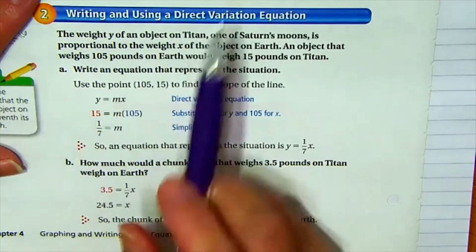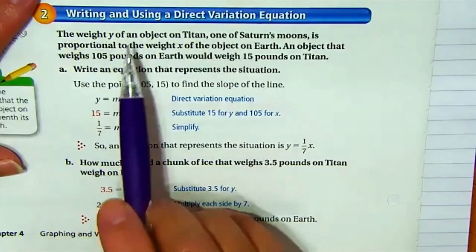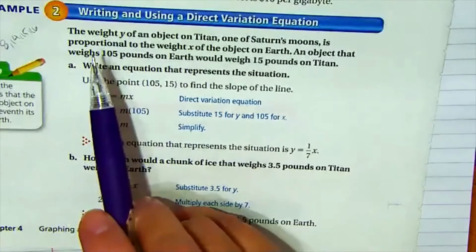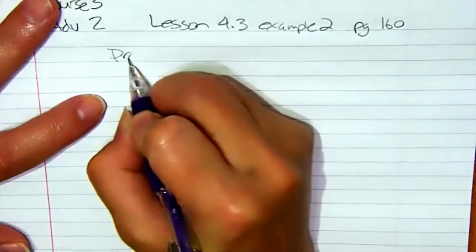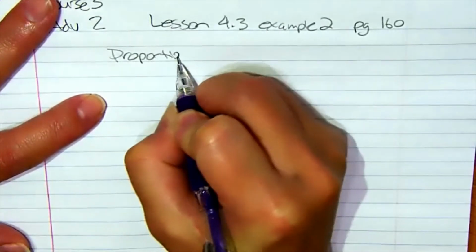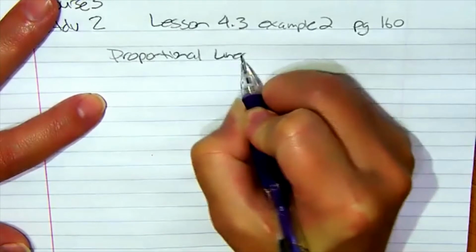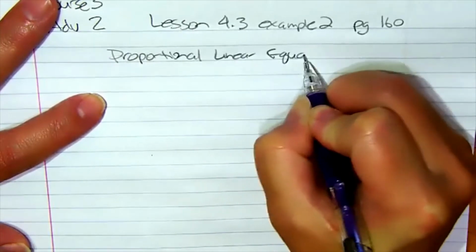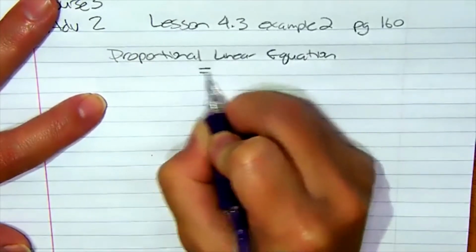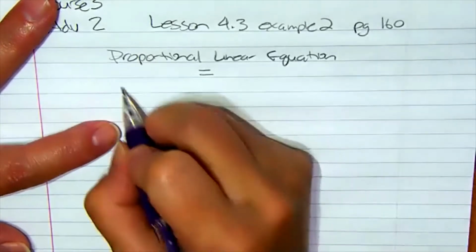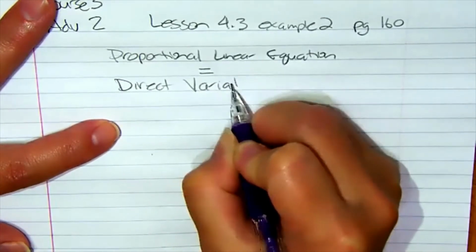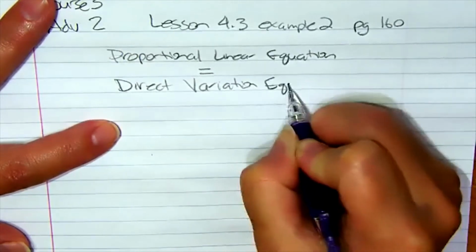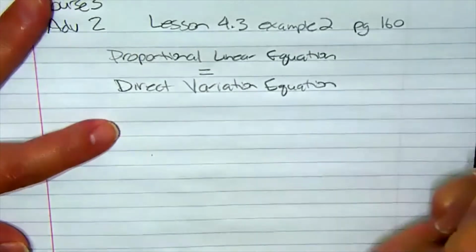Okay, so the first thing I notice about this word problem is the word proportional. Now, I know that a proportional linear equation is equal or the same thing as a direct variation equation.